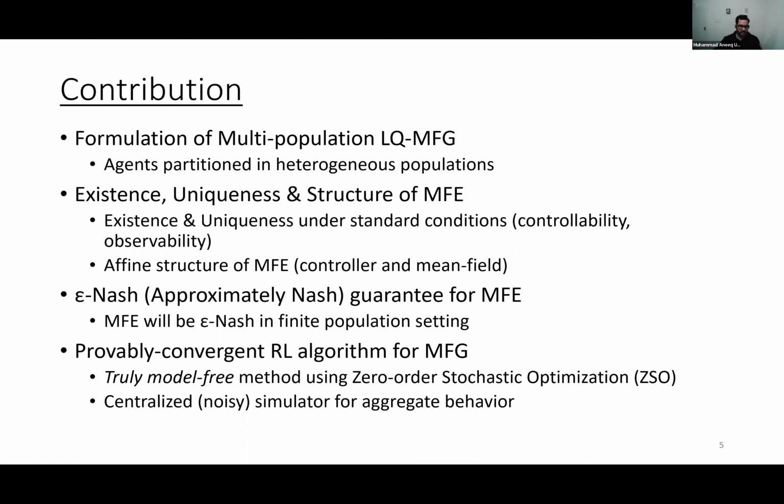The existence and uniqueness is established under standard conditions like controllability and observability. And then we also prove that there is an affine structure in the mean field equilibria, meaning that the controller and the mean field trajectory are affine. And I will explain what that means in the presentation.